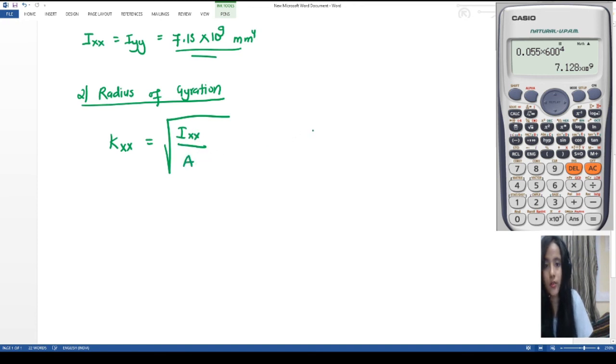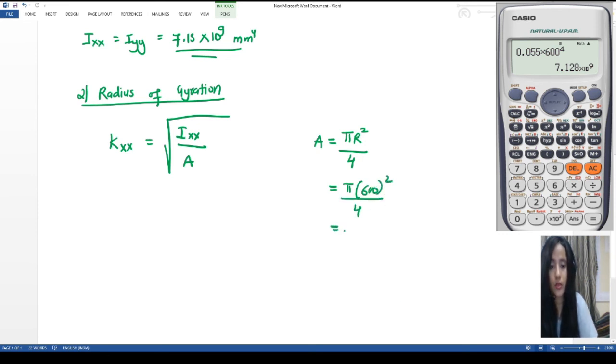area. Now let us find the area of a quarter circle. It will be equal to pi r square by 4. So this will be equal to pi into 600 square by 4.